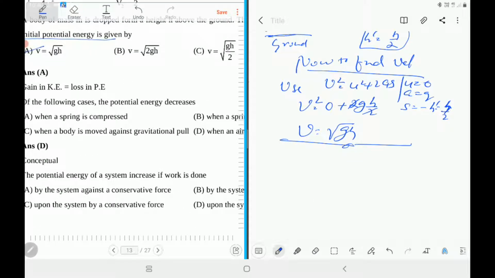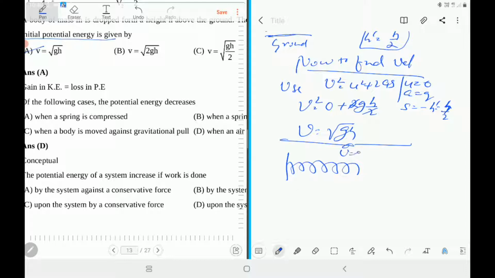Here, when the spring is at its normal length, no change in the length, potential energy is 0. When the spring is compressed, to compress, what do you do? You apply a force. By applying a force, you do work. That work is stored as energy. So U, that is potential energy, increases.